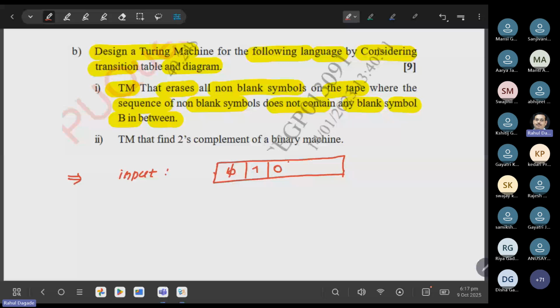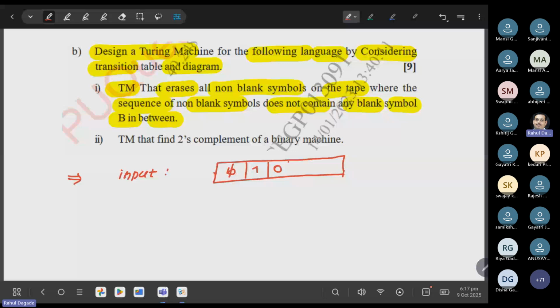So now how will you do this? You have an input blank 1 0 1 blank, and your TM head is here. Okay, this is the head. So what is the head doing now in this case? The head is reading 1.